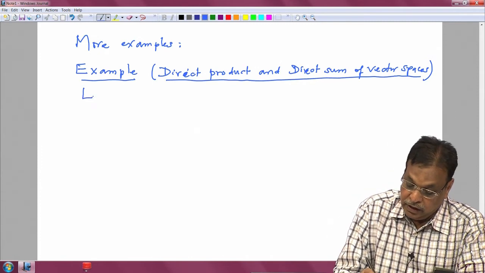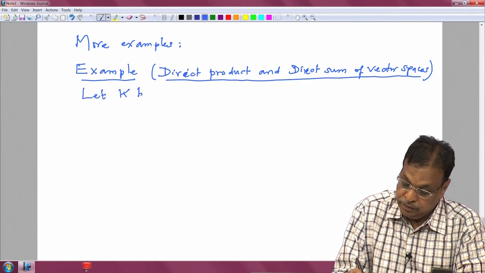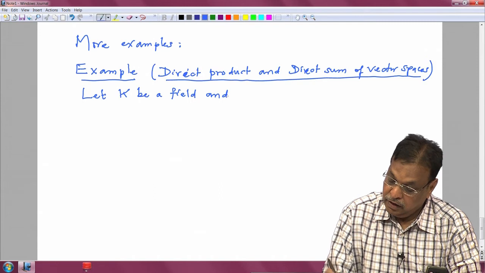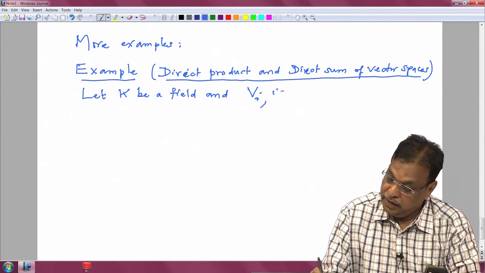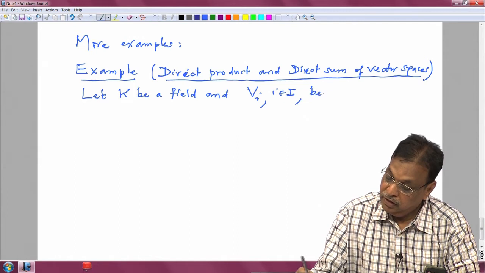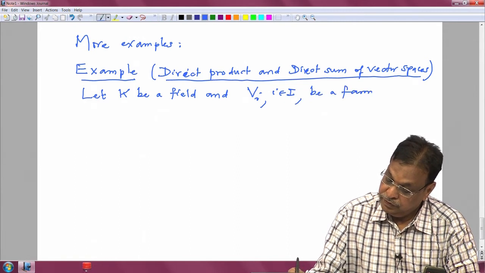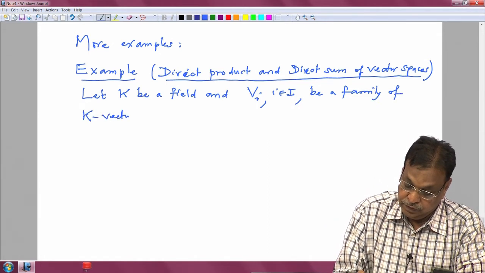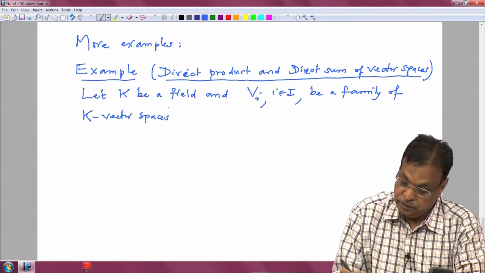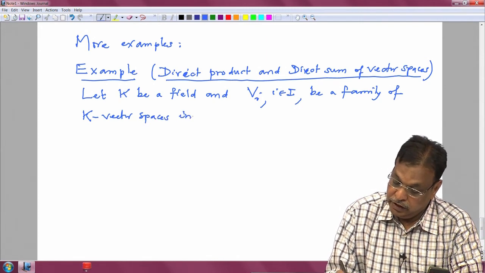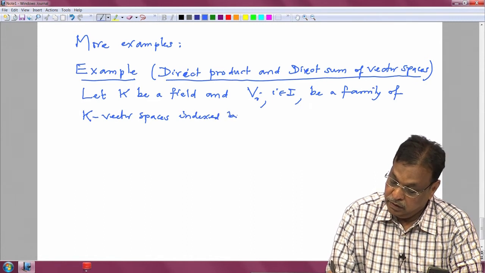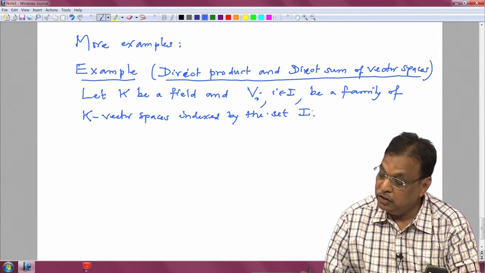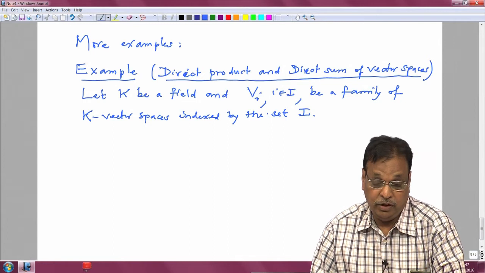So, let K be a field and Vi, i in I, be a family of K vector spaces indexed by the set I. In this case, I could be finite or I could be infinite also.